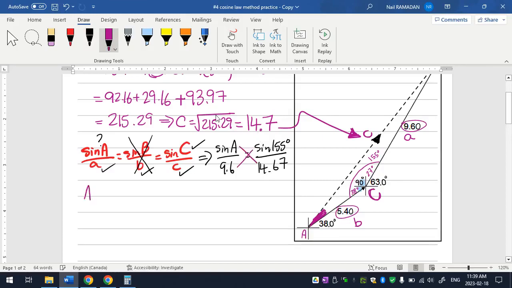So I'm going to get A will be an inverse sine of the following fraction, 9.6 times sine of 155, and then divided by 14.67.